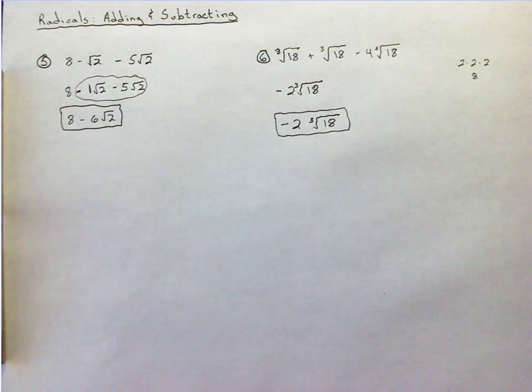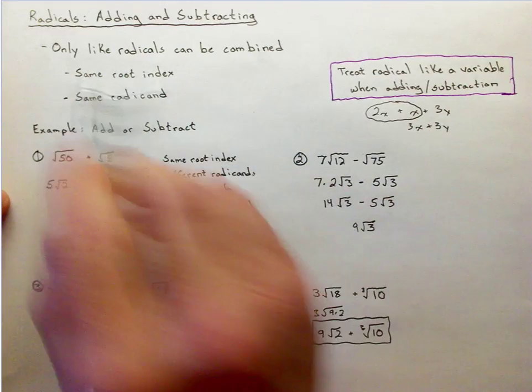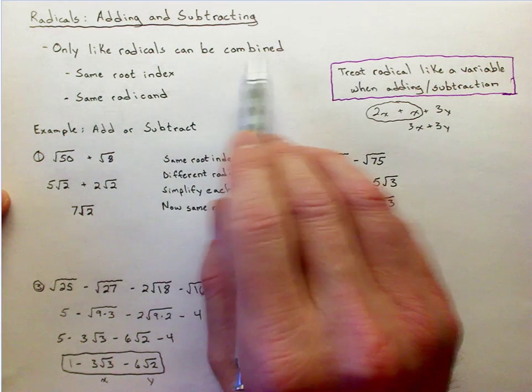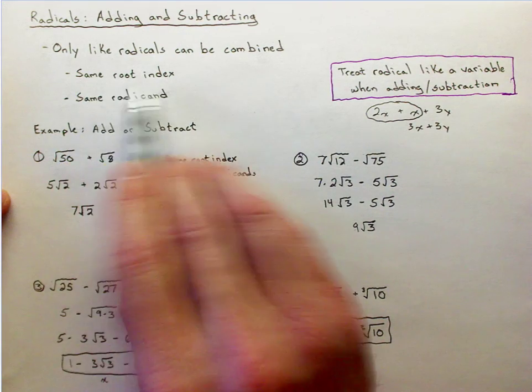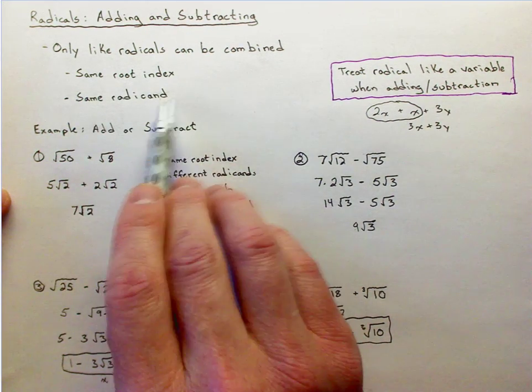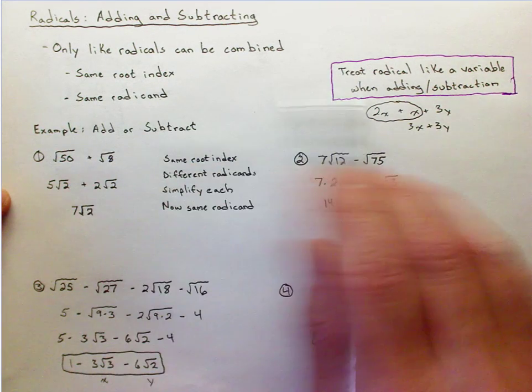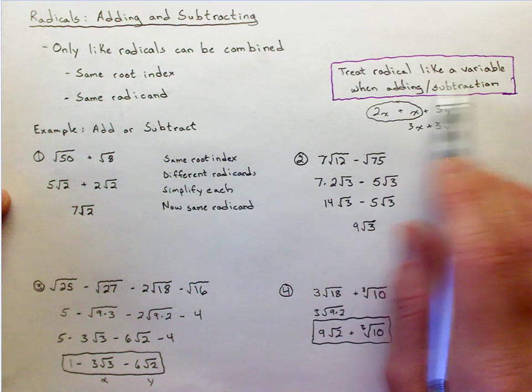And that is your adding and subtracting for your radicals. Again, go back here to make sure that we understand. Only like radicals can be combined, meaning they have the same root index and the same radicand. Simplify to see if you can get the same radicand. You cannot change the root index. And then treat the radical like a variable.